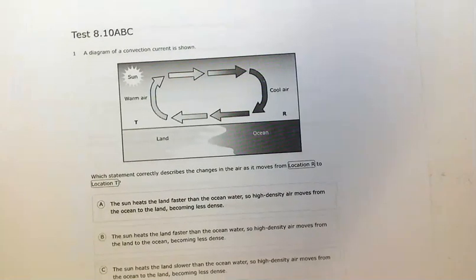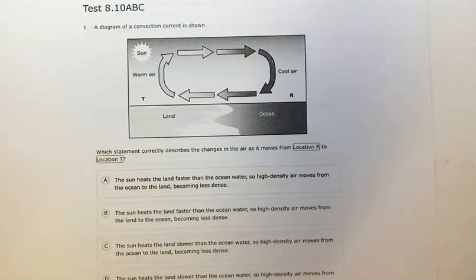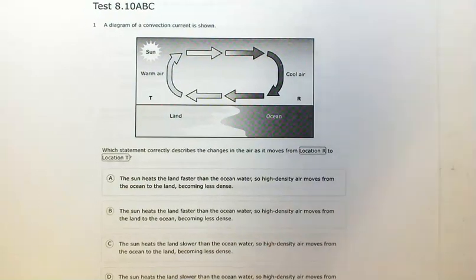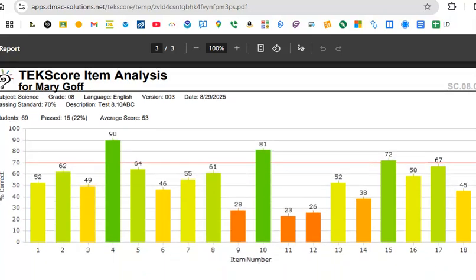So, for instance, I'm actually going to go through and do 3 of the questions in this screencast, and I'm going to do the 3 questions that were missed the most, okay? Let me see if I can find it. Yep. Okay, if you look at my little graphic, only 28% of test takers got number 9 right.